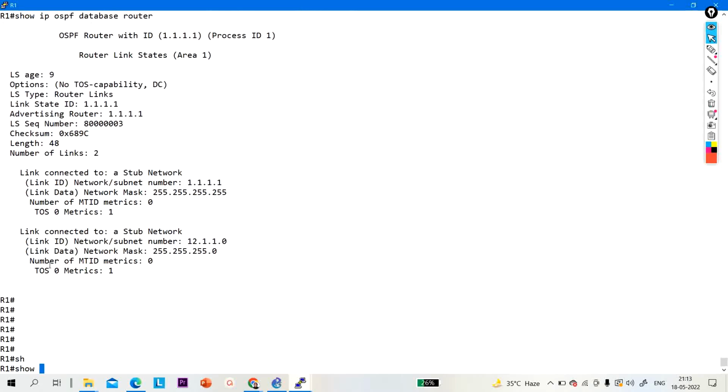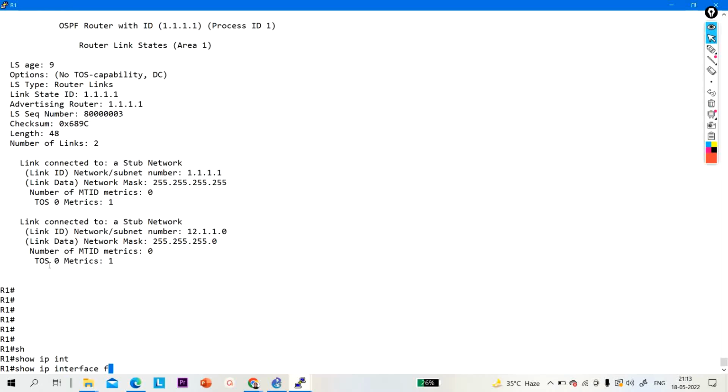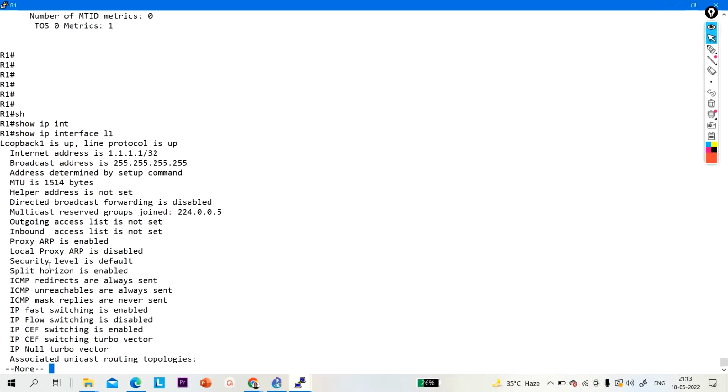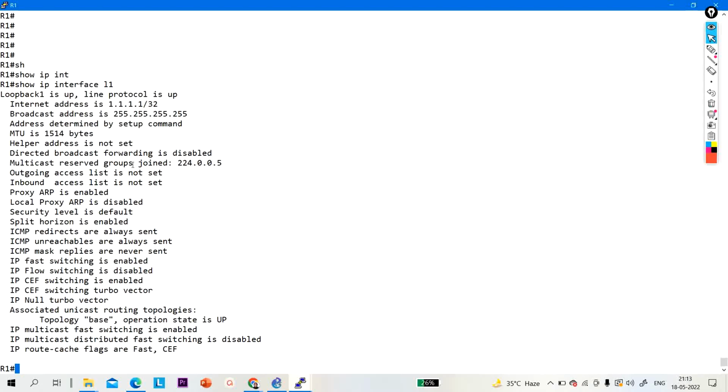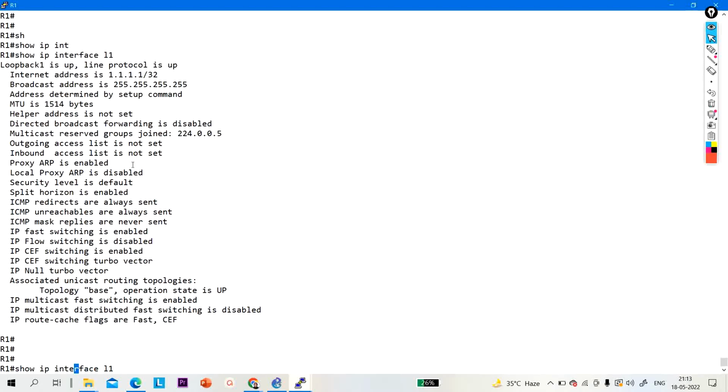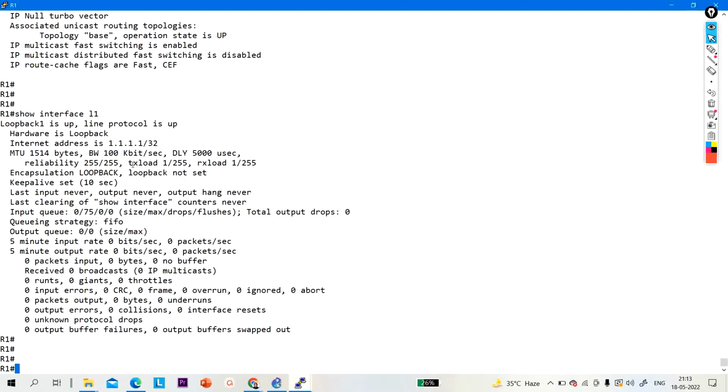Why is it not working for loopback then? It might be possible that loopback always has a host route. It's not an actual physical interface; it's logical. What will be the bandwidth? What is the bandwidth of this link? 100 kbps.